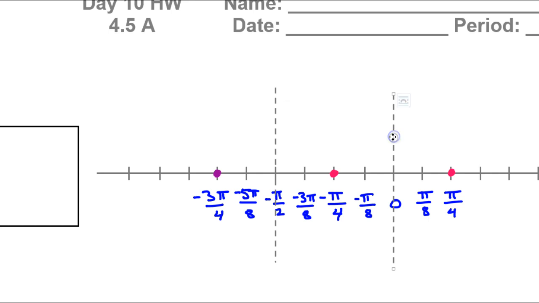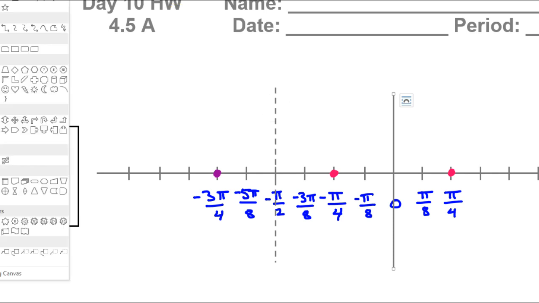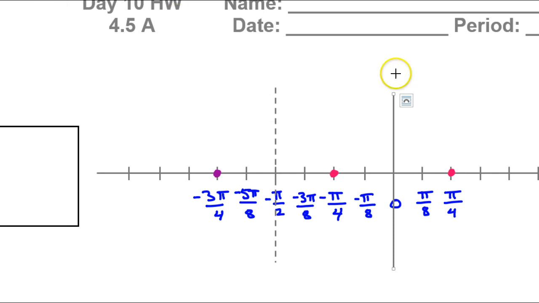And so how am I going to do that? I think I will go back and try to make this one solid. Did I not get it? I'm going to turn this one solid again. And then I'll put another one on top of it that's dotted.